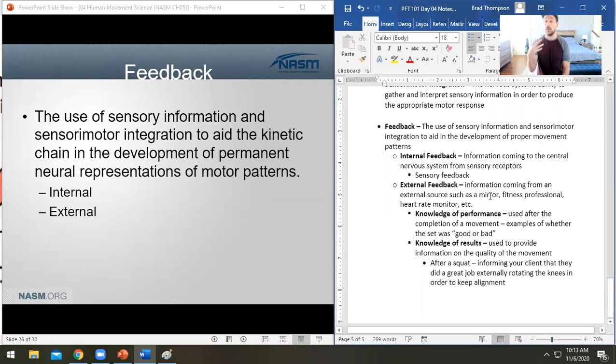Feedback is how we tell our clients what they are doing or what they should do, what we're looking for. This is how we give them information so that their brain can interpret that and they can make adjustments, feel those adjustments, and learn how to execute the proper movement patterns. So there's two types of feedback.